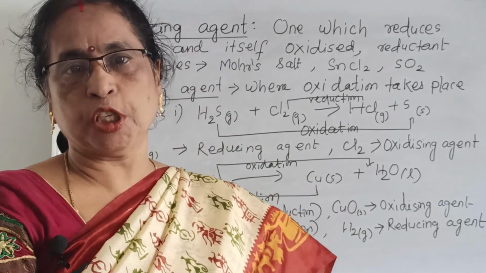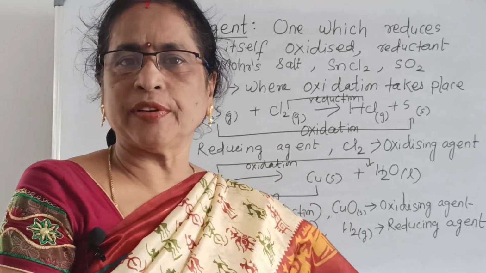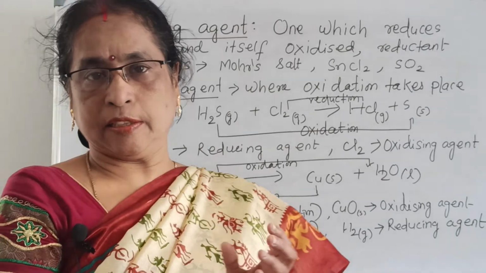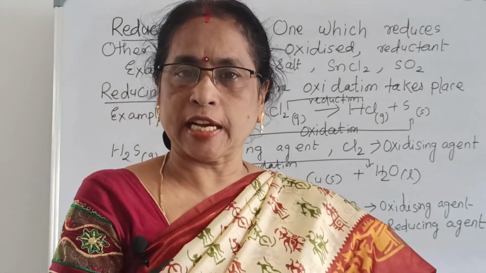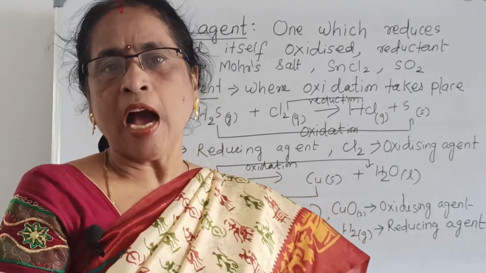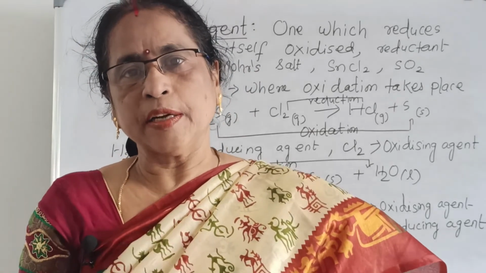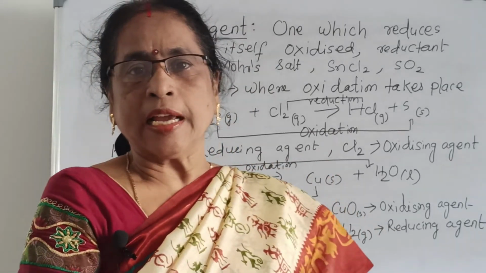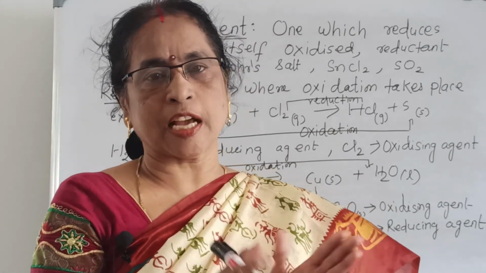So here I have completed the first topic, oxidation. So many definitions are there. Next is reduction, and so many definitions are there too. Wherever necessary, you can apply that definition. Next is the meaning of redox reaction, and how the oxidizing agent and reducing agent are related in a redox reaction. In a redox reaction, oxidation and reduction both take place simultaneously.